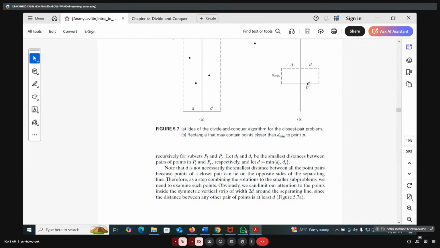This is the point p. This is the 2d. This is the d min. The d height also.